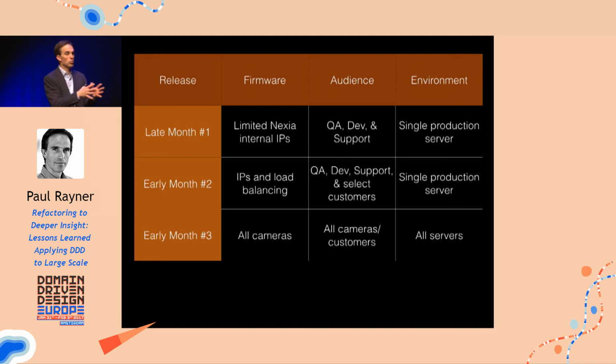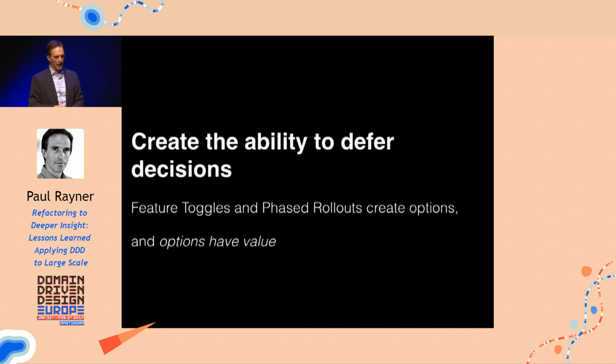So this is a portion of our customer base on a single production server. Remember what I said was that we want to limit the impact to our customers. And then early in the third month, we rolled it out to all cameras. And it was actually very, very successful. We had a few minor problems, but by and large, it went very, very smoothly.